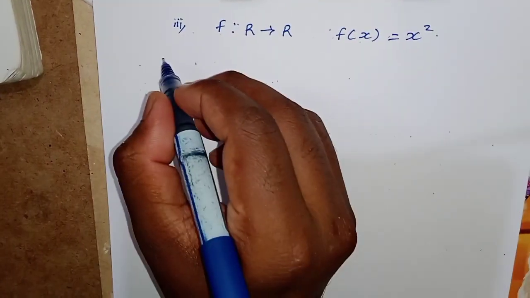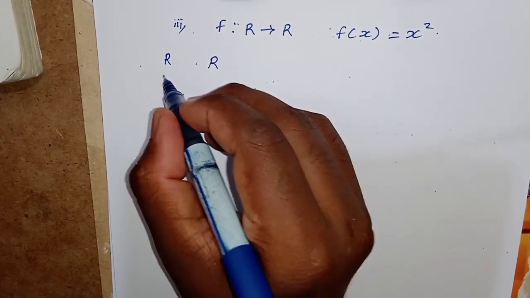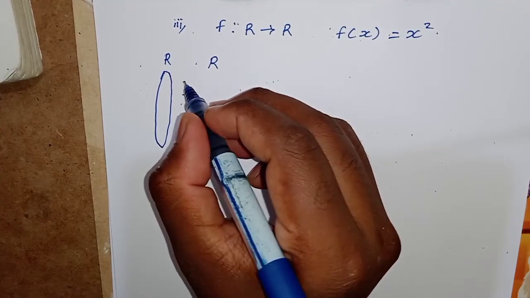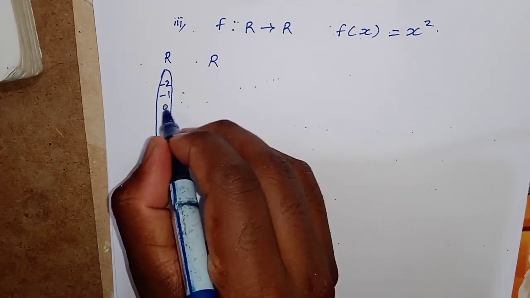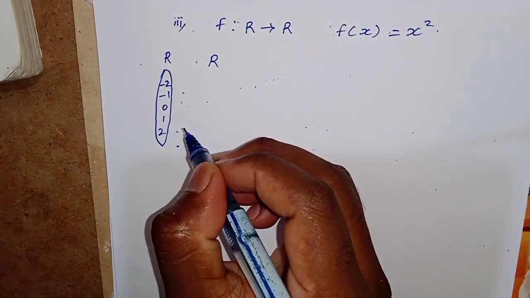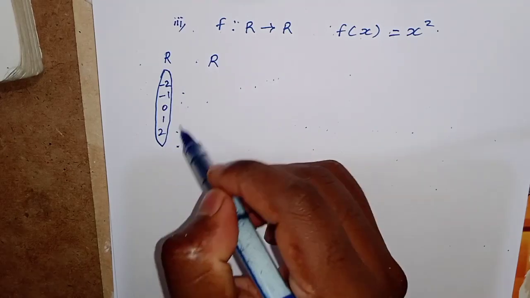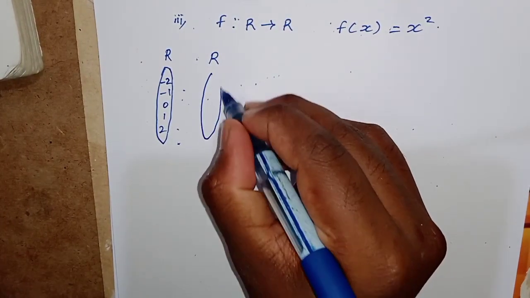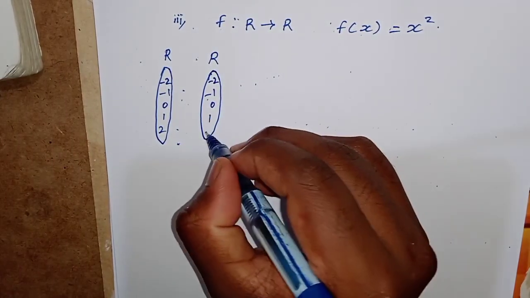Here I am taking this real number, and here also real numbers. Real numbers and integers are similar: -2, -1, 0, 1, 2. Because from -infinity to +infinity I cannot take every term, I am taking a few examples. Here also the same: -2, -1, 0, 1, 2.